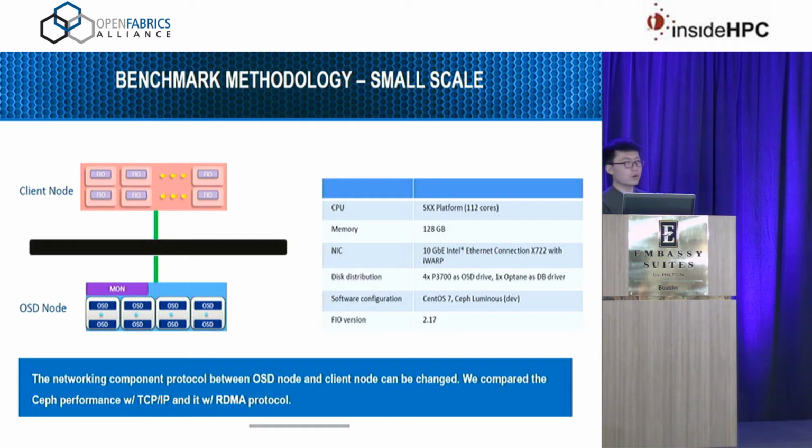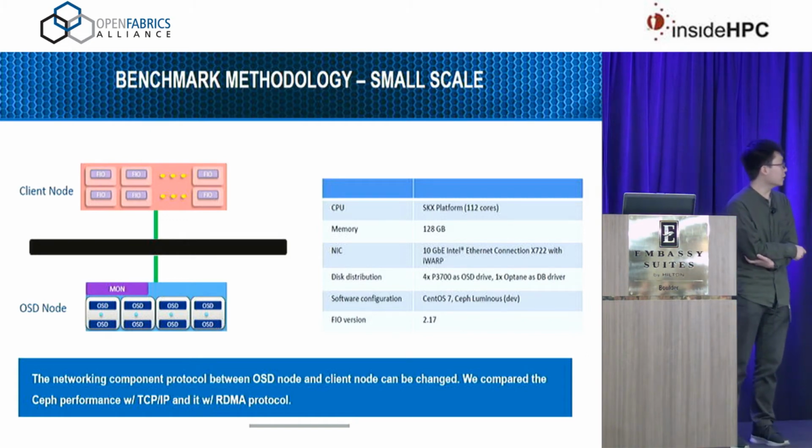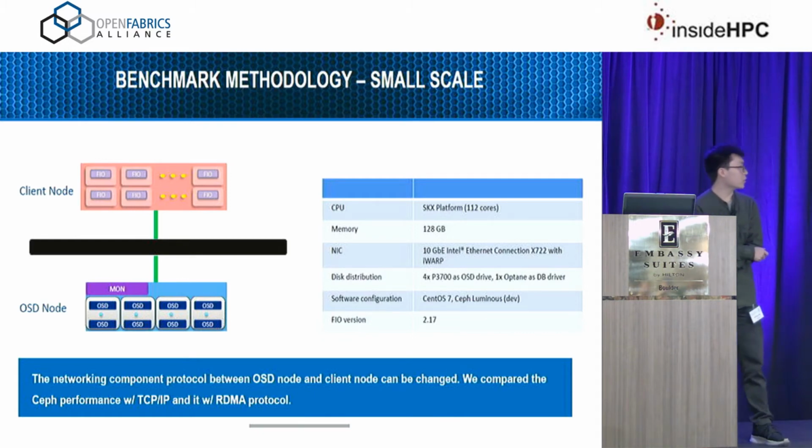We have 4 NVMe drives and Optane as a DB drive. The operating system is CentOS, and the FIO version is 2.17. So the only variable here is the networking protocol, TCP/IP or RDMA. We change the protocol here.